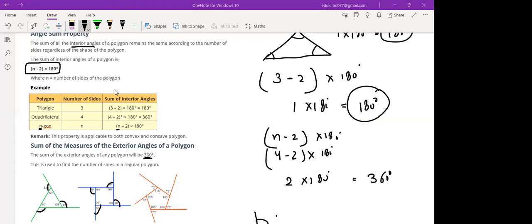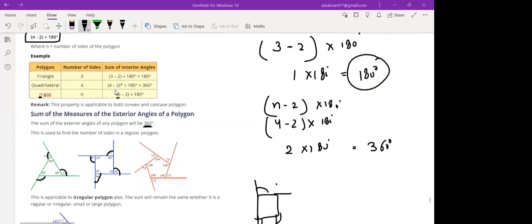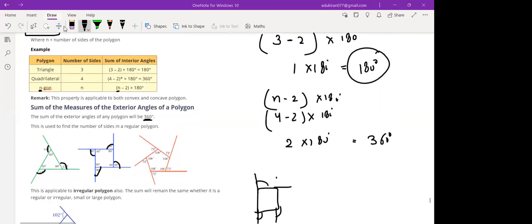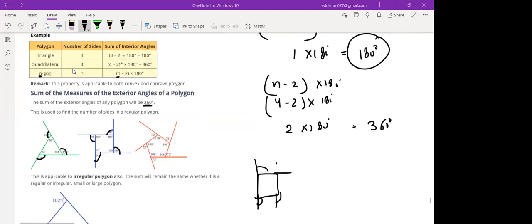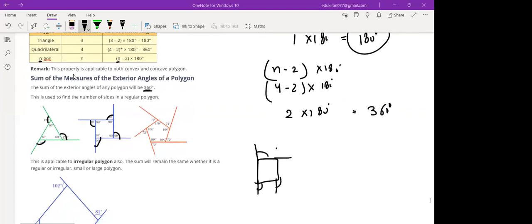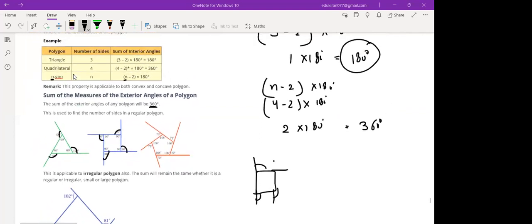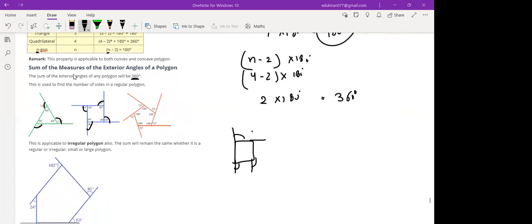Ma'am, can you scroll a little down? Okay, everybody is done till here. Yes, ma'am. Okay, so I'm just starting from sum of measure.